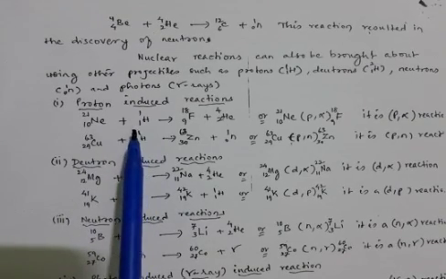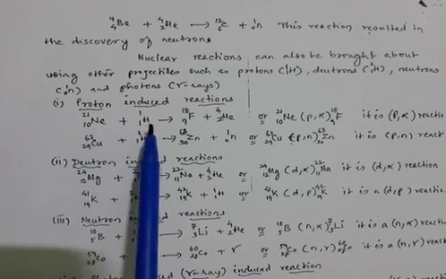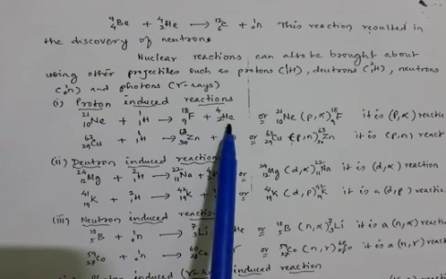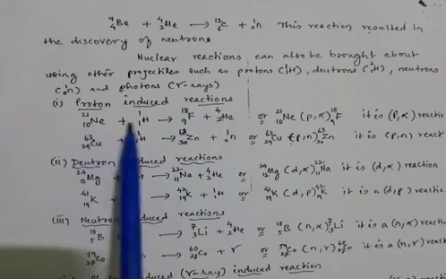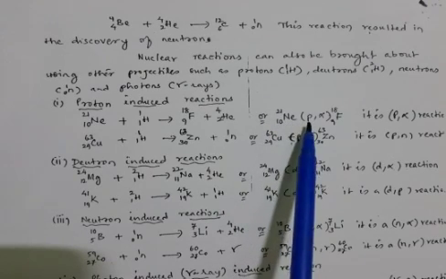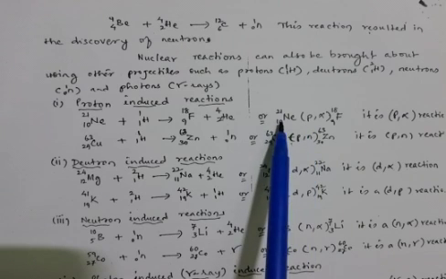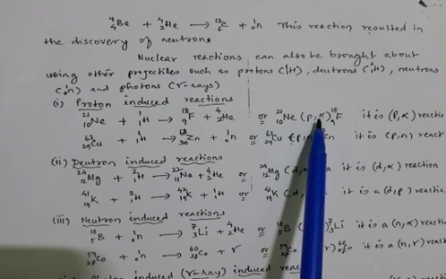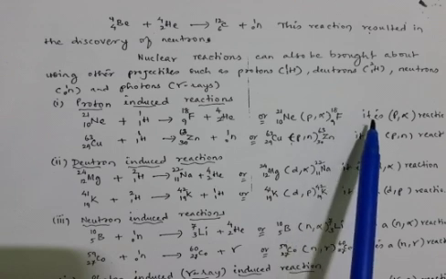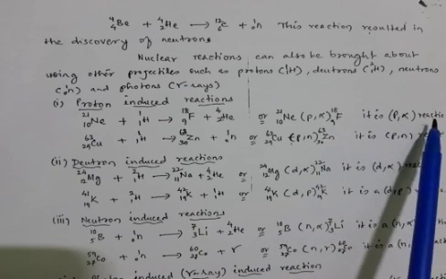When it is struck by a proton, fluorine is formed by emitting an alpha particle. This reaction can be represented with neon as the target nuclei, the proton strikes as the projectile, and an alpha particle is emitted, resulting in the formation of fluorine. This series is called the p comma alpha series.